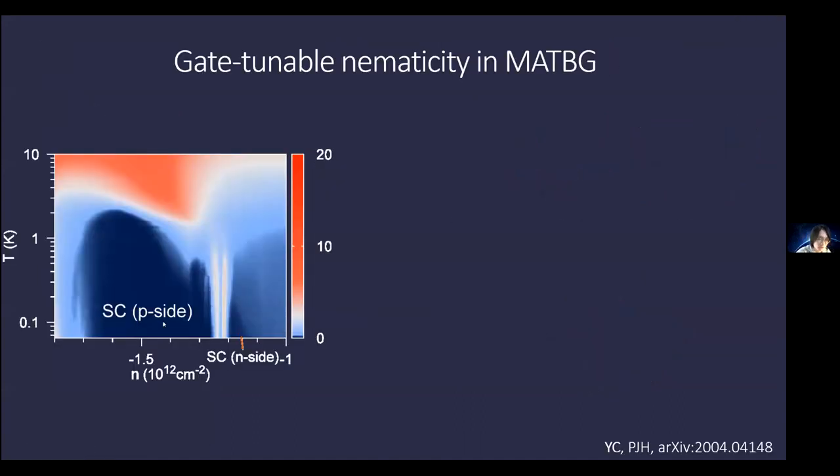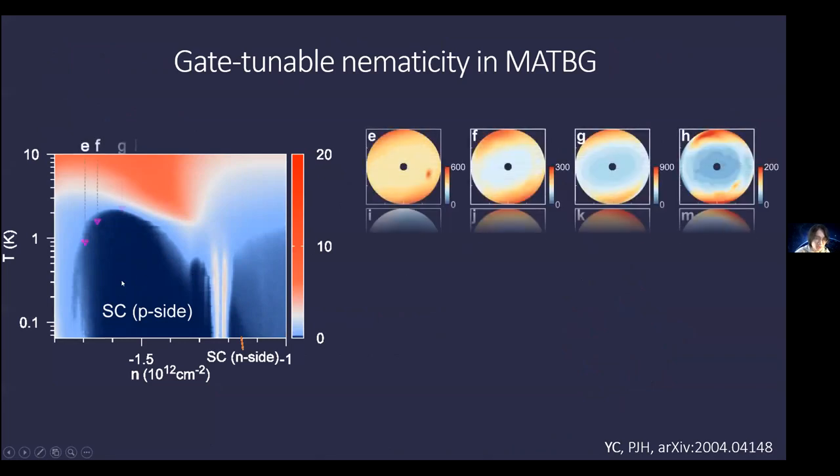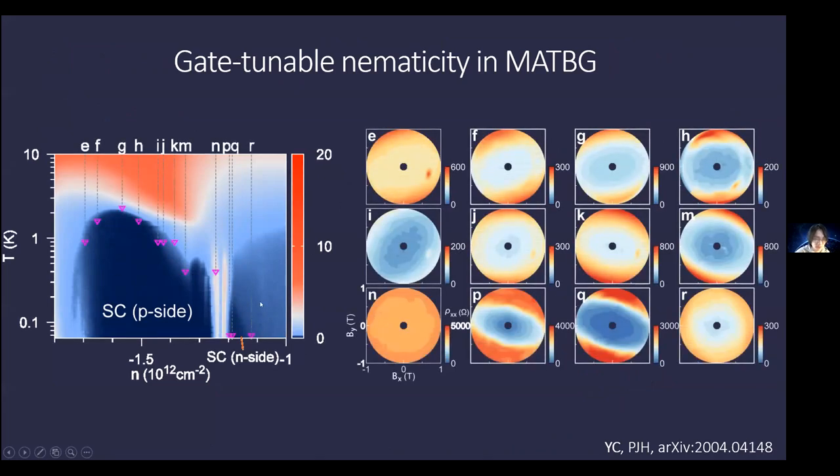So here I'm showing our experimental data. We measured the previously shown anisotropic critical magnetic field as a function of doping and temperature at each of these points inside the phase diagram, and we can extract the axis of the nematicity at each of these plots. We have a lot of data, and I cannot show you all of it today.